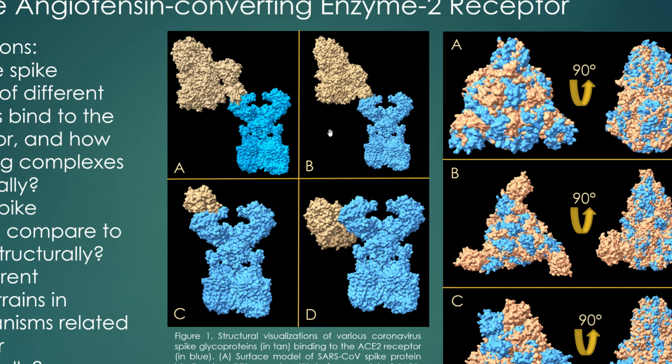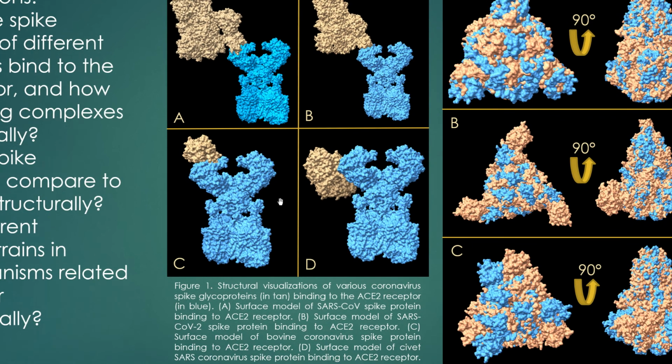And then panel B shows the spike glycoprotein from COVID-19. And this is obviously from December 2019, I think this exact glycoprotein. And notice how similar they are. And we'll see that phylogenetically they're very similar too in their amino acid sequence.